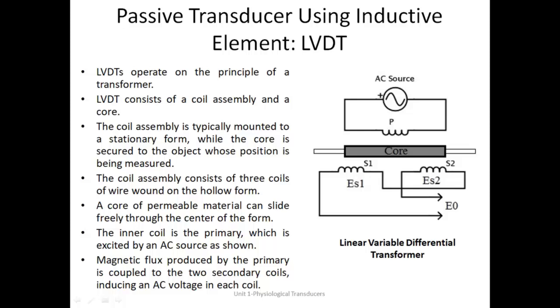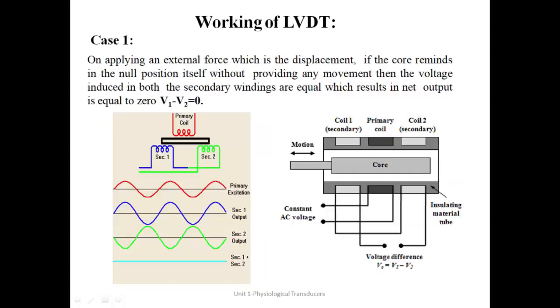We have to keep in mind that the two secondary coils are connected in such a way that the net output voltage is actually V1 minus V2, where V1 is the voltage developed in secondary 1 and V2 is the voltage developed in secondary 2. Now let us see how this works.